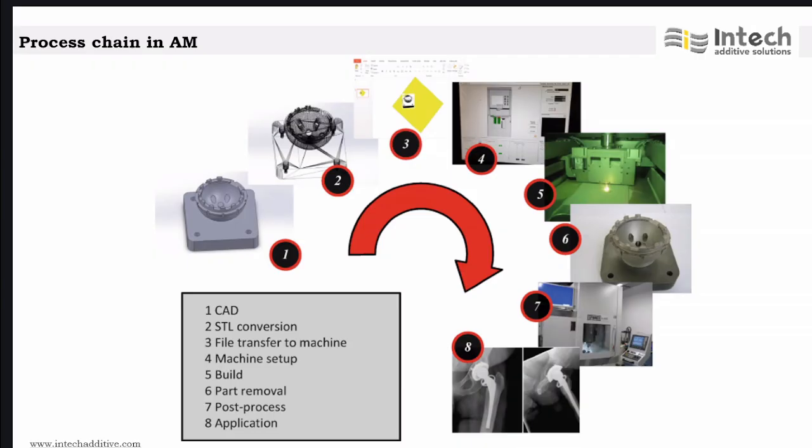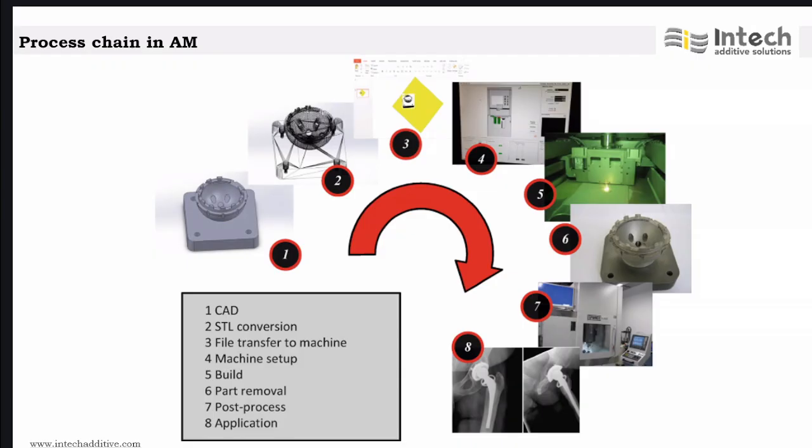Here we define different parameters like how we orient the part, how we generate support structures, and how we slice the part, like what layer thickness we need to define for the slicing, which defines the accuracy of the print. Those are the kind of parameters that we need to define in the slicing software.